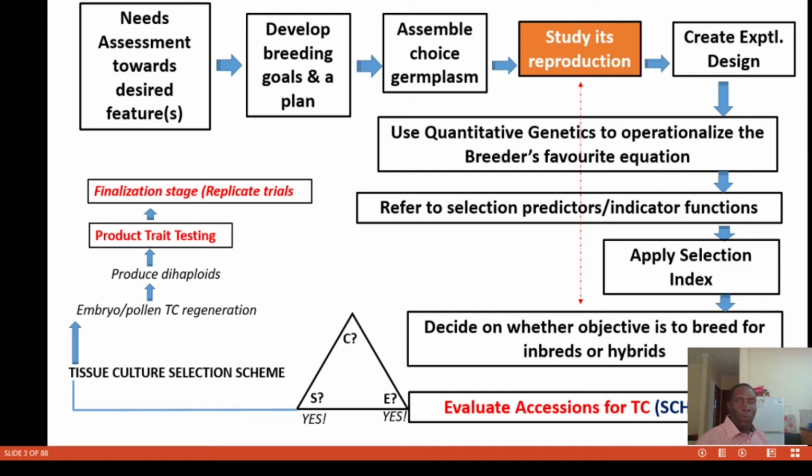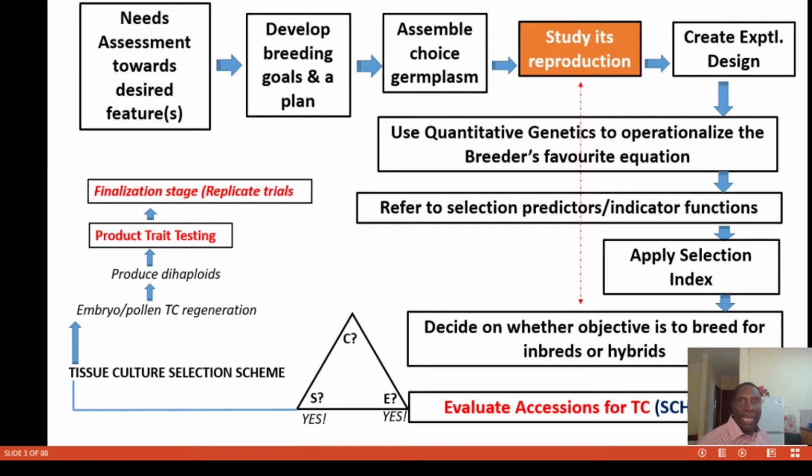And so the reason why I am suggesting strongly that we follow the progression, we have moved from the assessment towards desired features. This is where, in fact, that bit is the basis of the farmer participatory breeding. They tell you, as the consumers, what kind of target product you are endeavoring to produce, to develop for them.